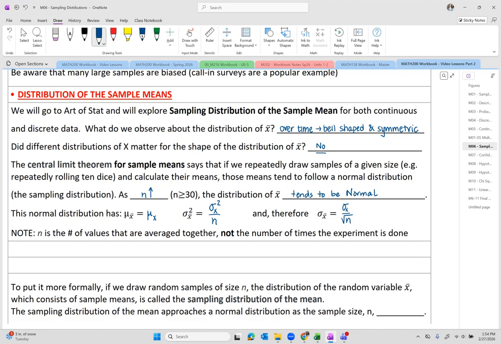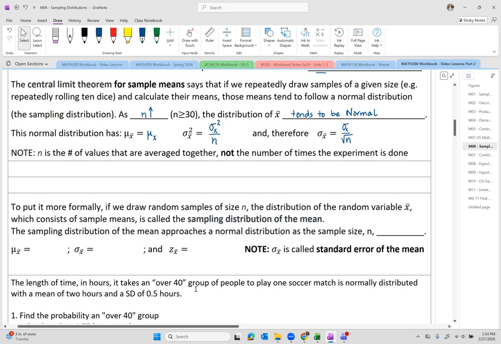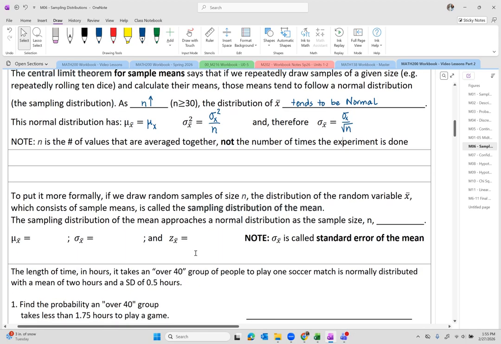So n is the number of values that are averaged together and not the number of times the experiment is done. So n is the sample size. It is not the number of times that you repeat your experiment. To put it more formally, if we draw random samples of size n, the distribution of the random variable x bar, which is the mean of the sample, which consists of sample means, is called the sampling distribution of the mean.